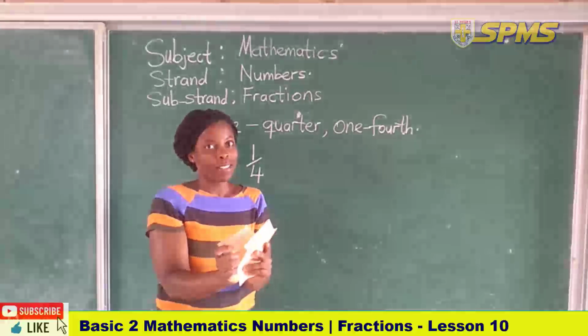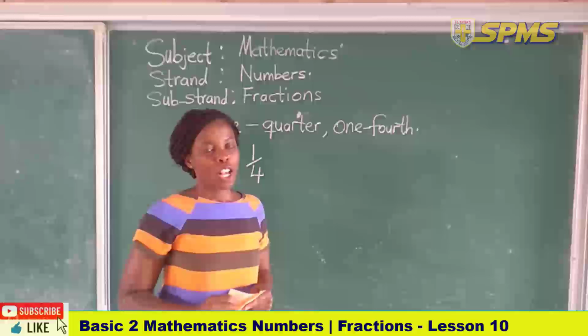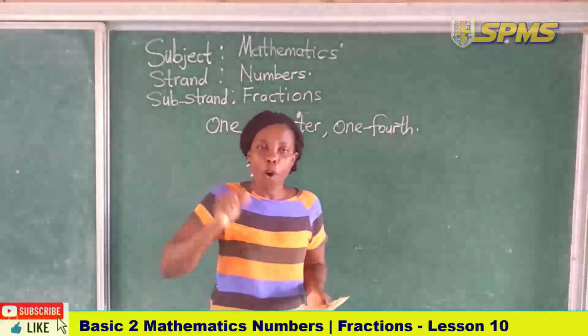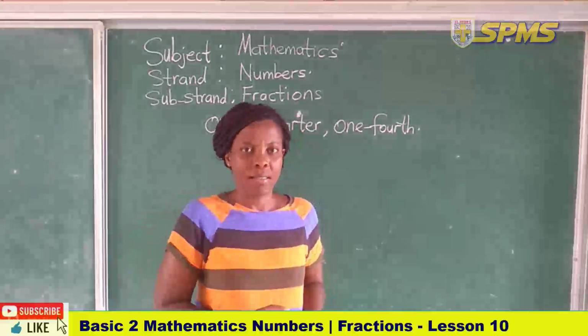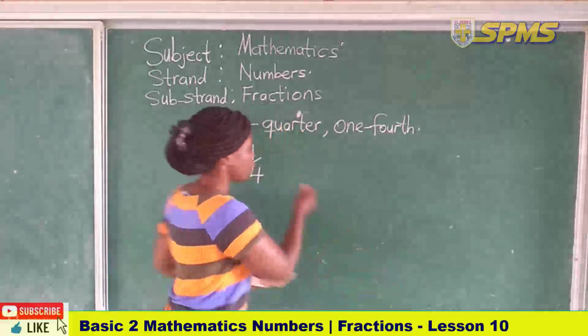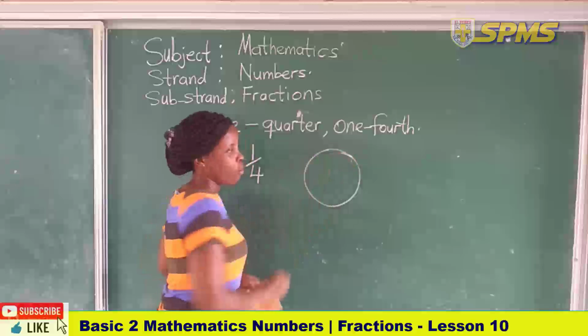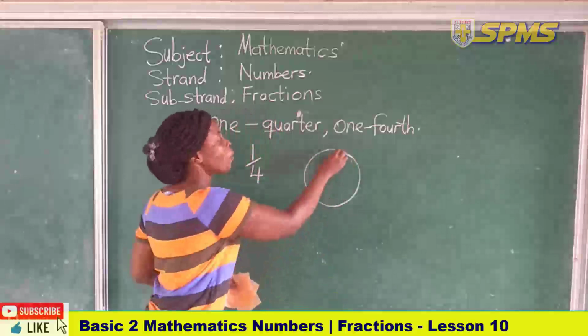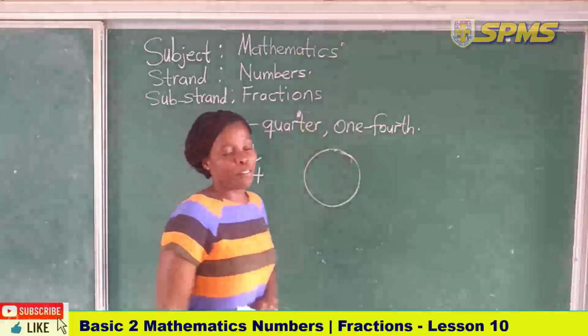Are you following? Okay. So I can still ask you to find a 4th in objects. So if I have an orange or a mango or call it whatever you want to, or watermelon, most of you love watermelon, good.